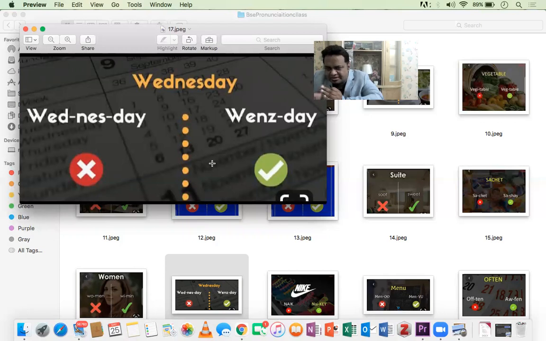In the British pronunciation, we have a proper two-month British pronunciation course, in which we teach British pronunciation in detail. So if you are interested in that course, you can contact us. Day is like the sound in day. But obviously you can even say Wednesday the other way, not an issue. But if you want to pronounce it in the proper British accent, it is Wednesday.